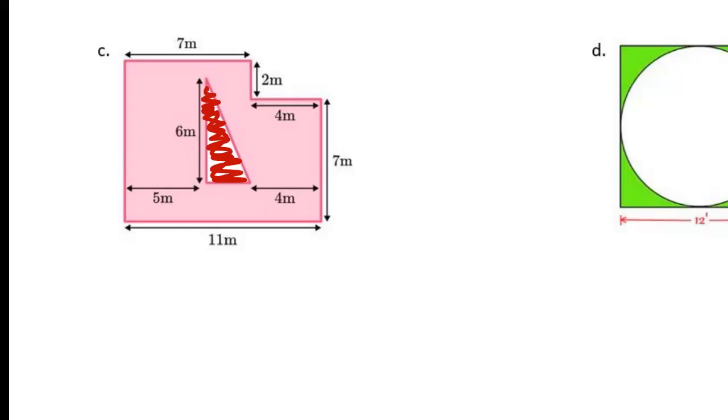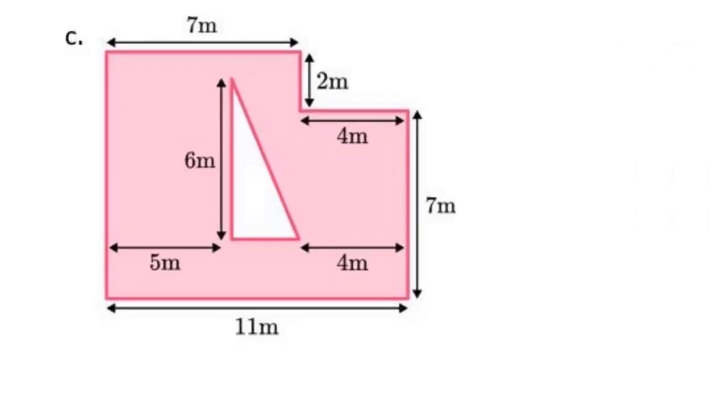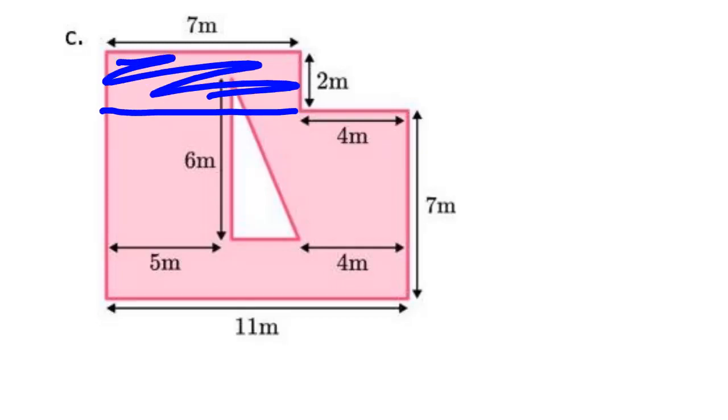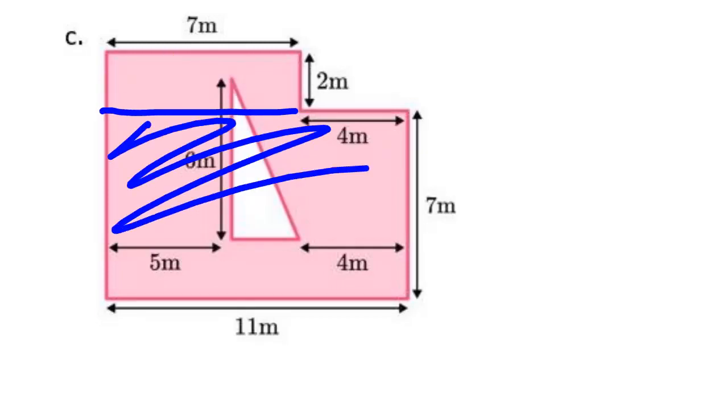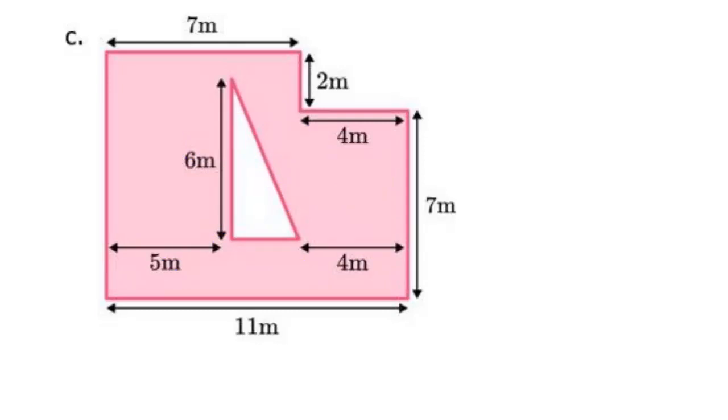What kind of shapes would we break it into? Rectangles. We can cut it here and make this top rectangle and the bottom rectangle. Or we could cut it here and have a left rectangle and a right rectangle. Do you guys want to do top and bottom or left and right?